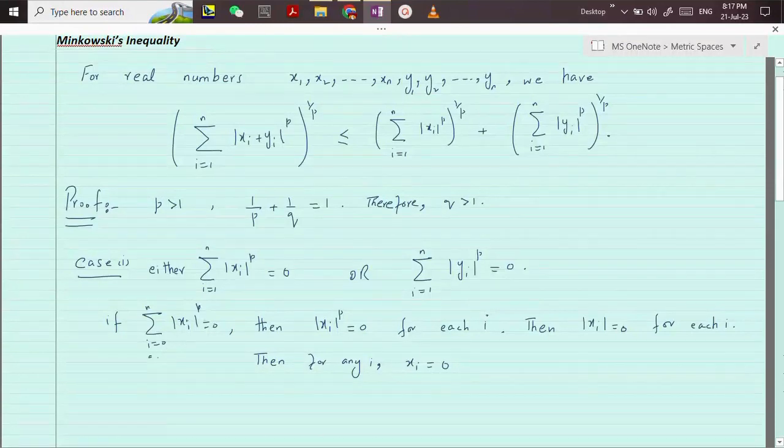So when this one equals 0, each xi equals 0.